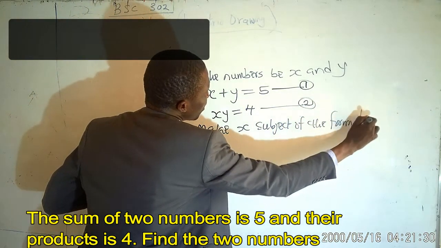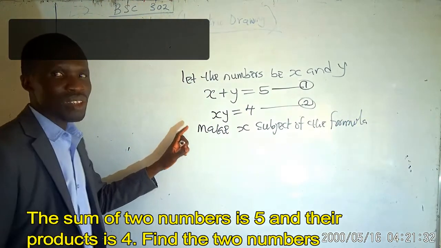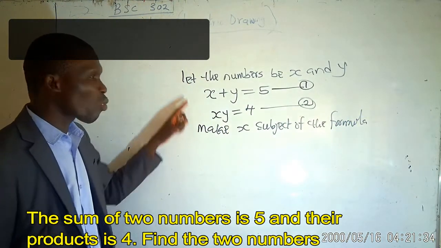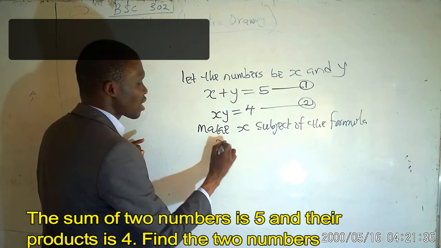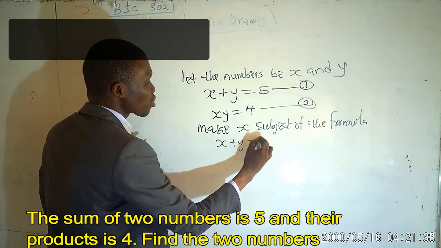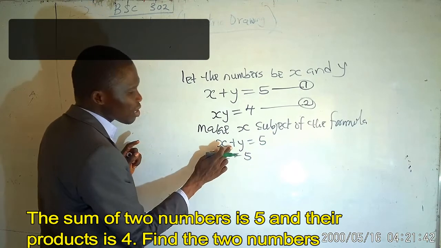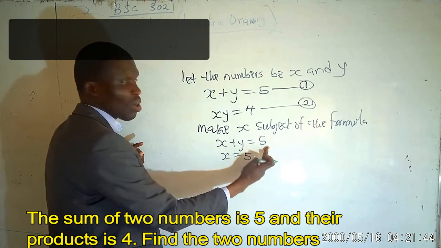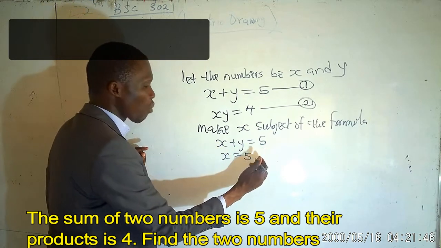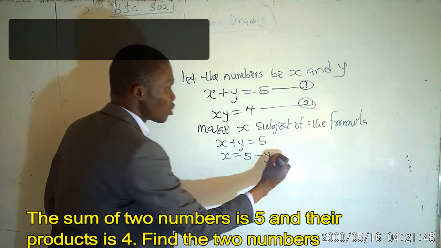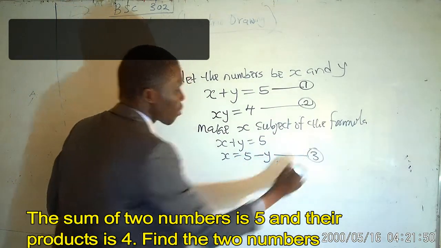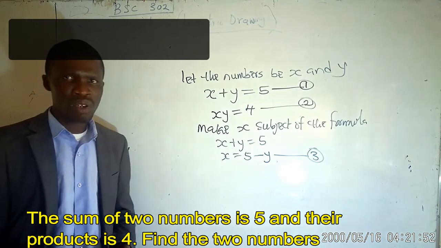Now, when you make x the subject of the formula in equation 1, x plus y equals 5, x equals 5. When this plus y crosses to the other side, you are going to have what? Minus y. You call this equation 3. I believe you are following me.